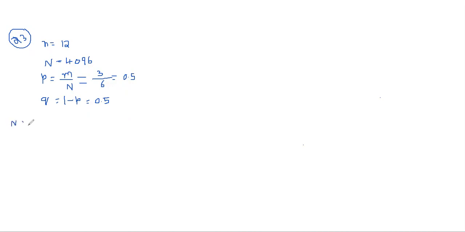N into P of R is equal to N into nCr into P raised to the power of r into Q raised to the power of n minus r. This is the formula for fitting a binomial distribution.